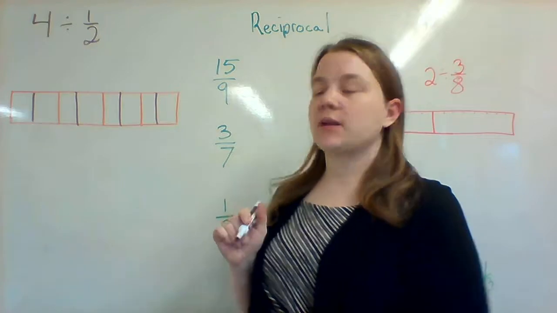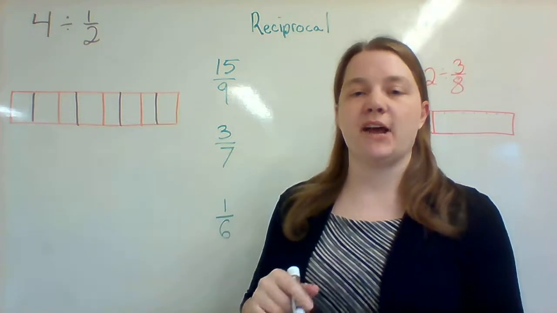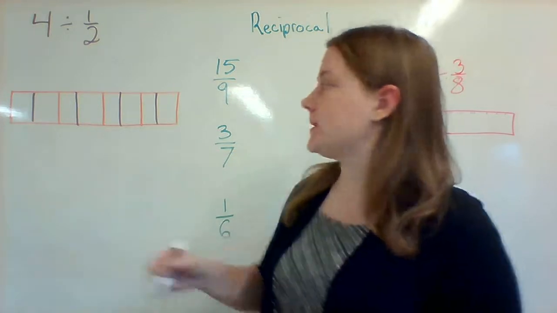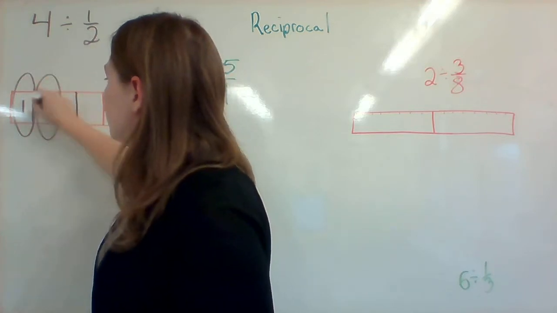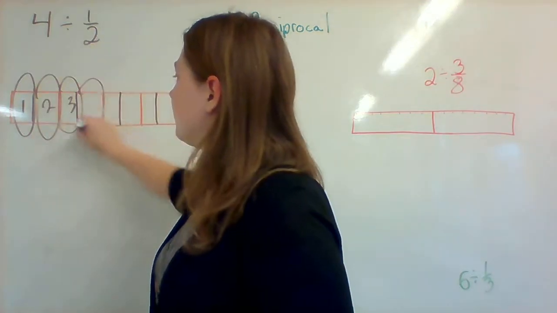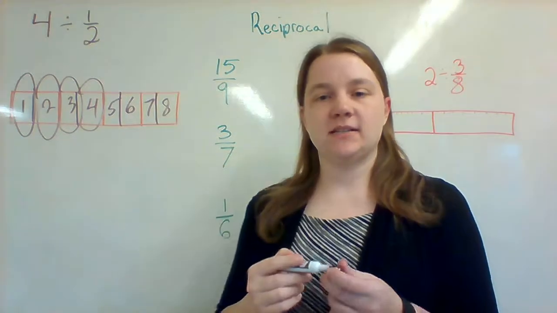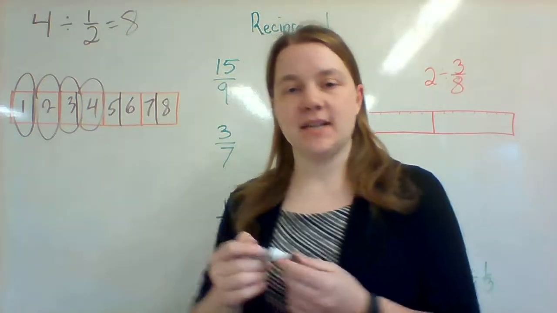Now that I've broken these 4 things into halves, I have more pieces than before. They're smaller than before, but I still have more pieces. In fact, I have 1, 2, 3, 4, 5, 6, 7, 8 pieces. So 4 divided by 1/2 is 8.